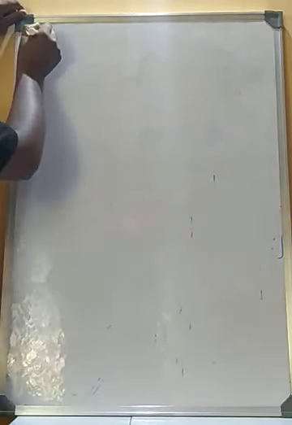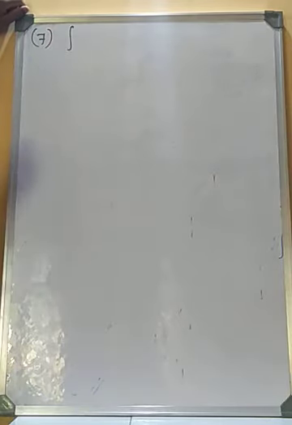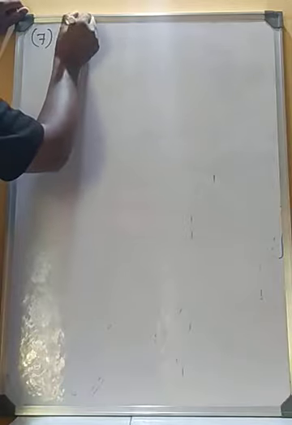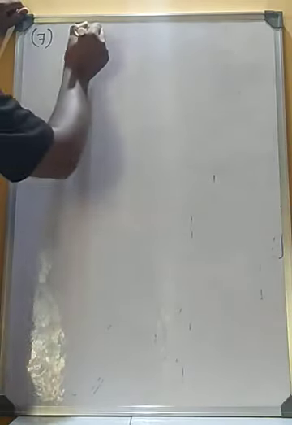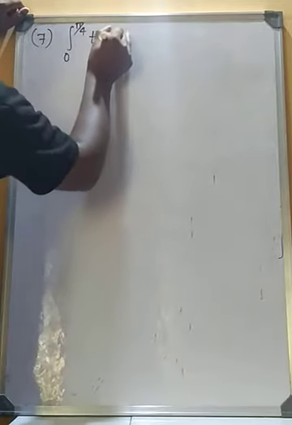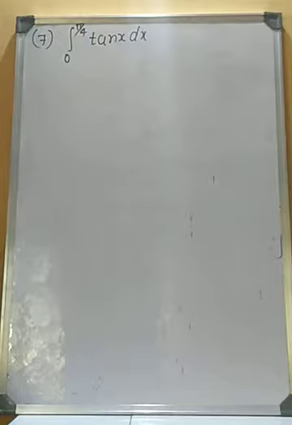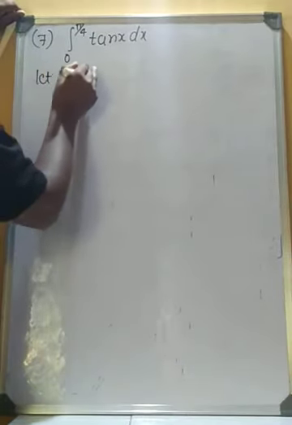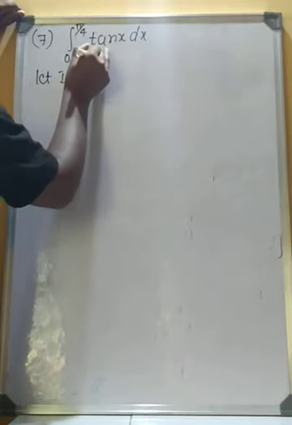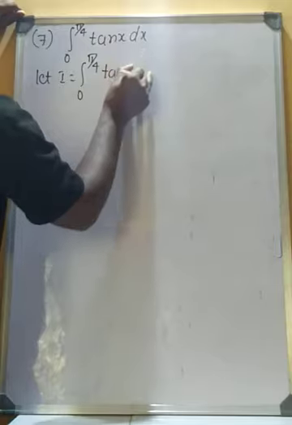So one more example, evaluate integral of 0 to pi by 4 tan x into dx. So let I equals integral 0 to pi by 4 tan x into dx.